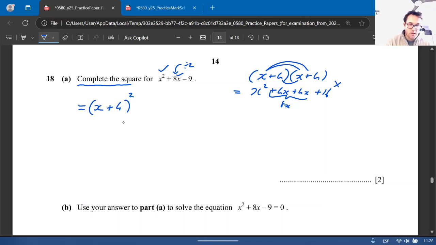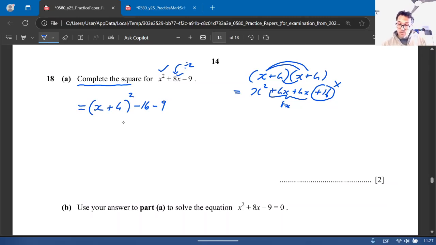So if we've done this with that equation, we have to subtract 16, to get rid of this 16 that was never there. It's not in the equation. That still makes it true, but there is a minus 9 hanging around, so don't lose the minus 9. That means what I've just done is still equal to x squared plus 8x minus 8.